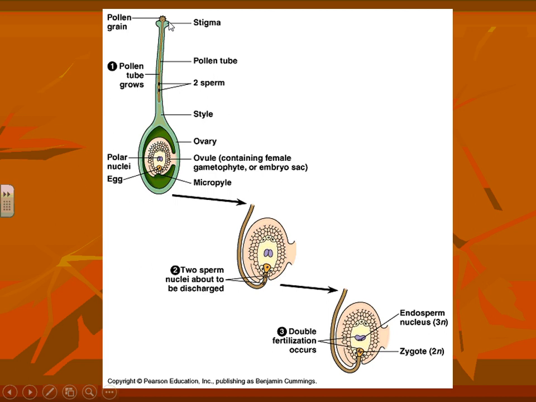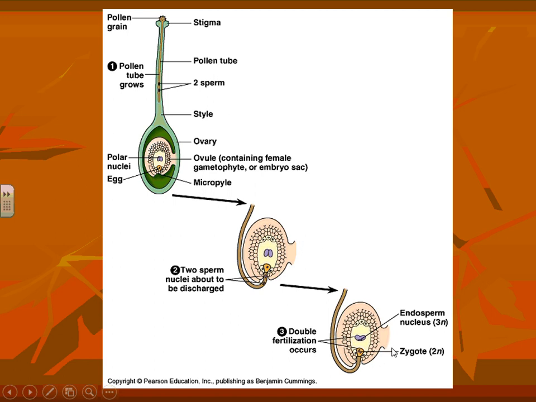Let's just look up here at the top. We've got a pollen grain that landed on the stigma. That pollen grain is going to grow a pollen tube. In the pollen tube I have two sperm cells, and if we look at the next close-up, that pollen tube is going to continue to grow right down into the ovary, and it will release the two sperm cells.